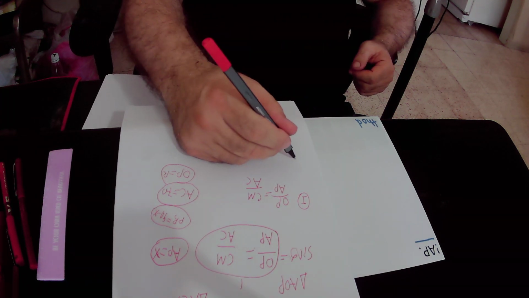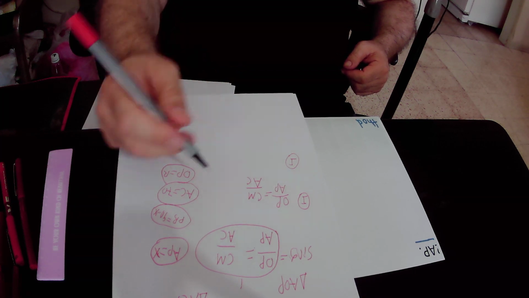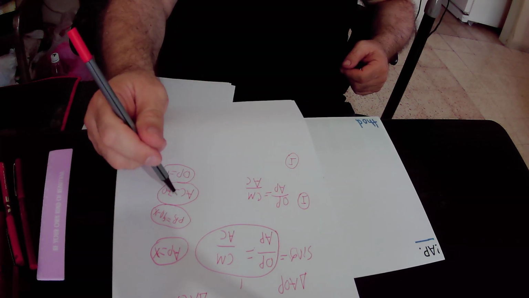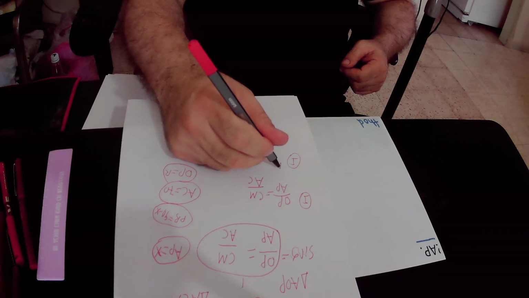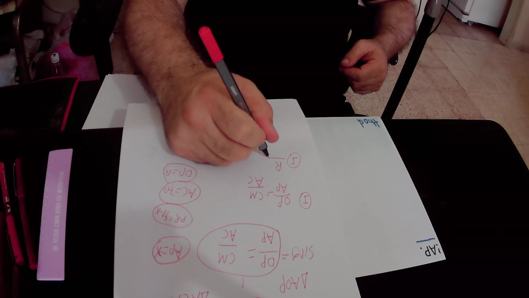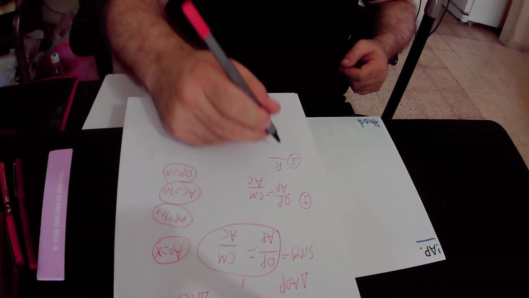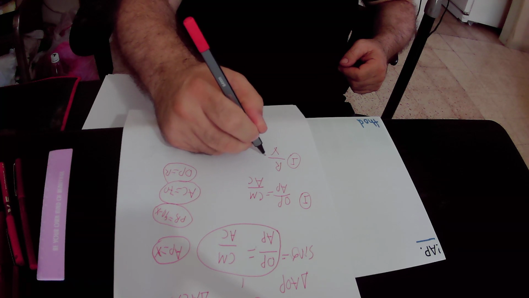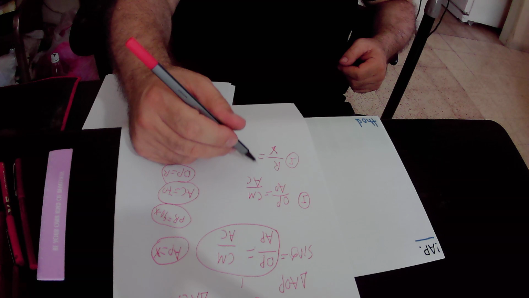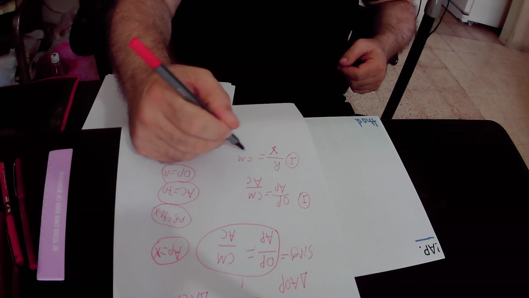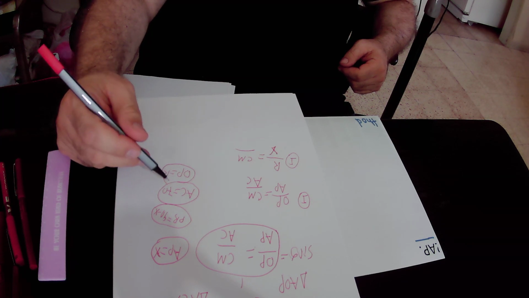so in equation 1 we substitute OP by R because OP equals to R. We substitute AP by X because AP equals to X. We leave CM as it is, and we will substitute AC by 70 because AC equals to 70.